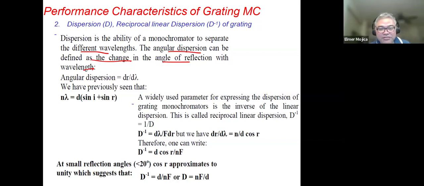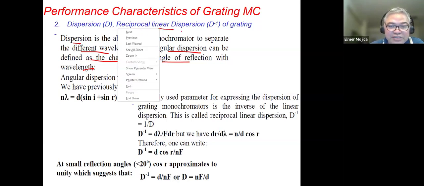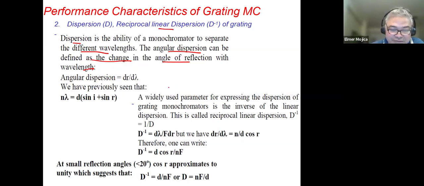If you're going to look at this, this is the one that we have discussed earlier. Dispersion, more or less, the reciprocal linear dispersion of the grating, will affect small angles, like less than 20-degree angles.